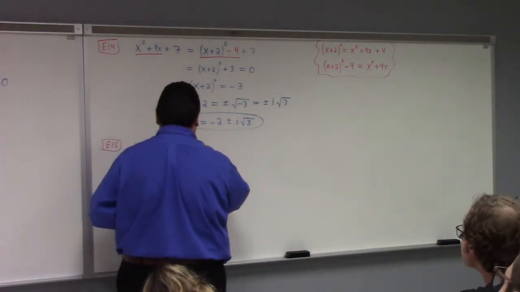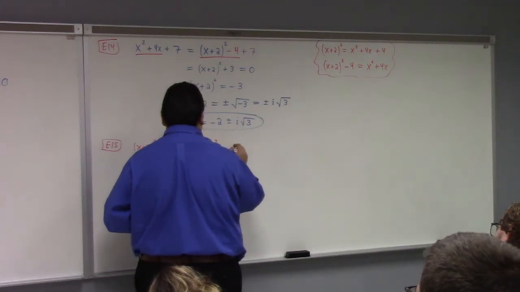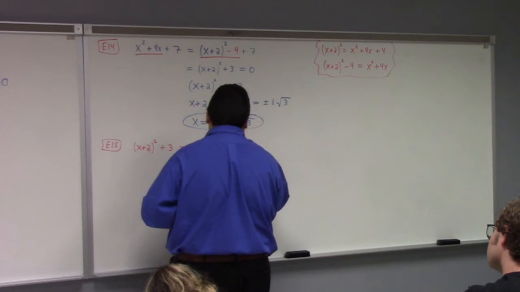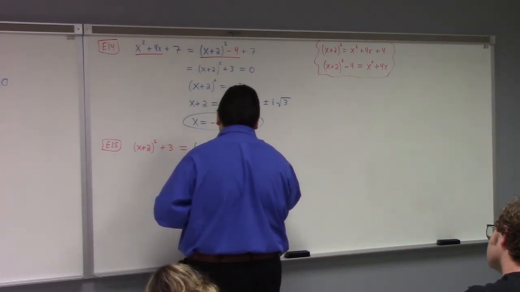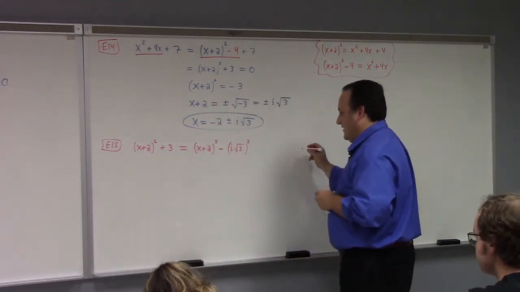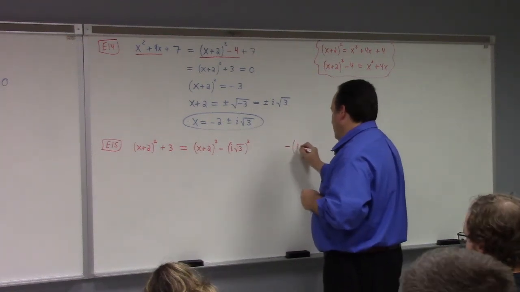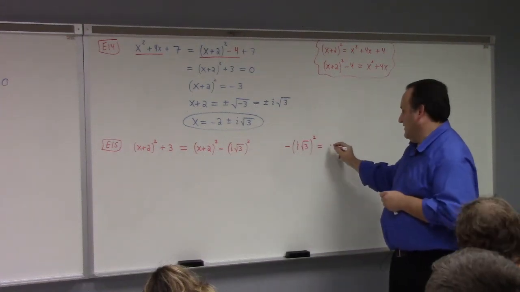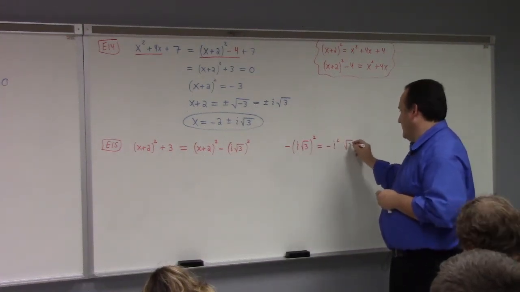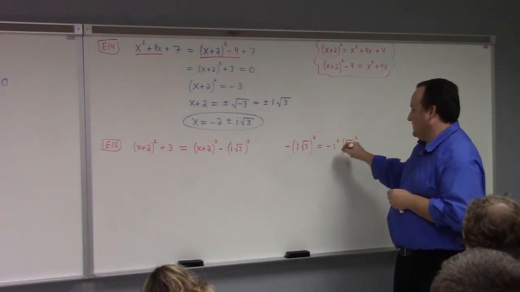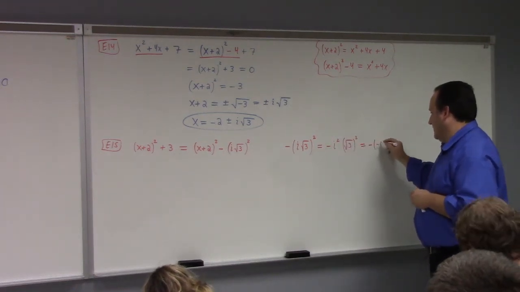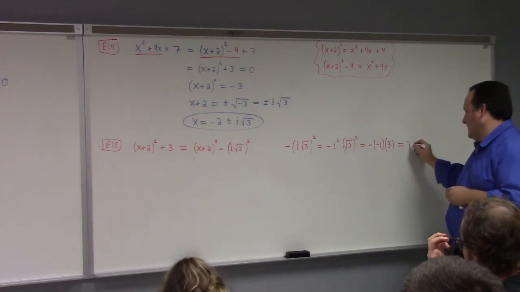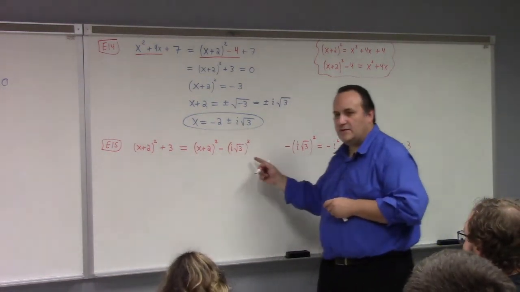But what you do is you rewrite 3 as (minus i times the square root of 3) squared. You're like, what are you talking about? Well, check this out. (Minus i square root of 3) squared, what is that? This is (minus i) squared times (the square root of 3) squared. (Minus i) squared is minus times minus 1. The square root of 3 squared is 3. So you see that is just a really, really sneaky way of writing 3.